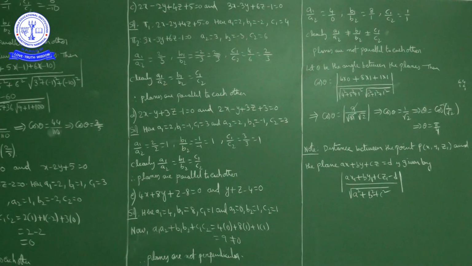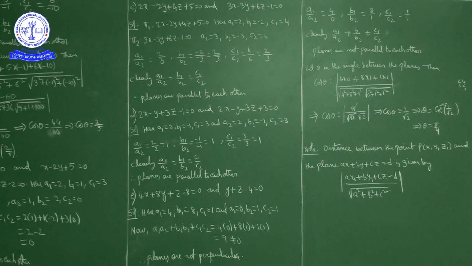The distance between the point P (x1, y1, z1) and the plane ax plus by plus cz equals d is given by the magnitude of ax1 plus by1 plus cz1 minus d, upon square root of a square plus b square plus c square.